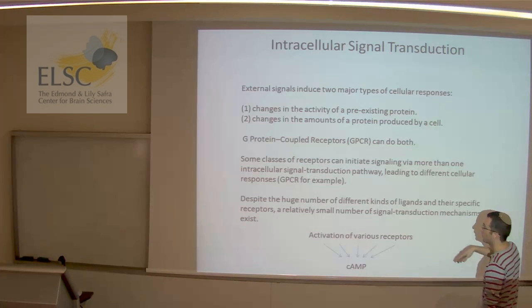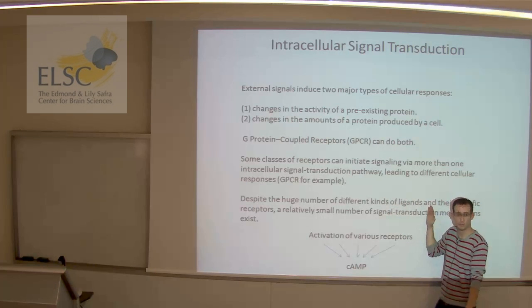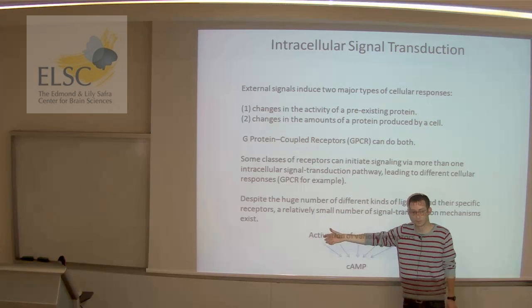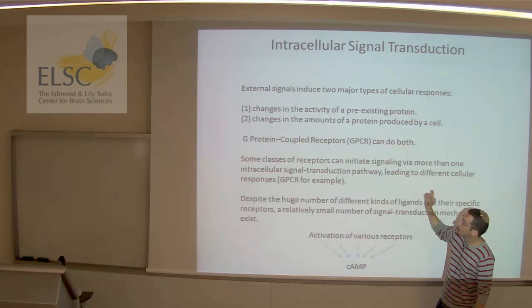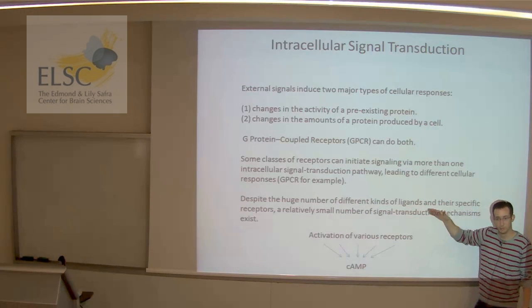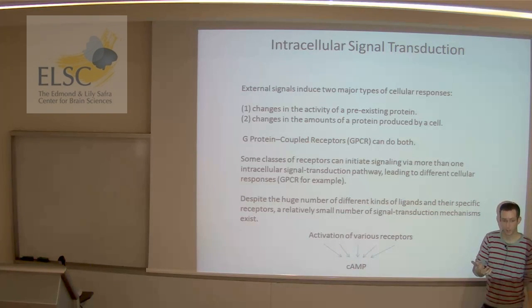Okay, now there is some divergence when we move from the level of receptors to the level of intracellular signaling that is activated downstream. Because some classes of receptor can initiate signaling via more than one intracellular pathway. They can activate more than one intracellular pathway.